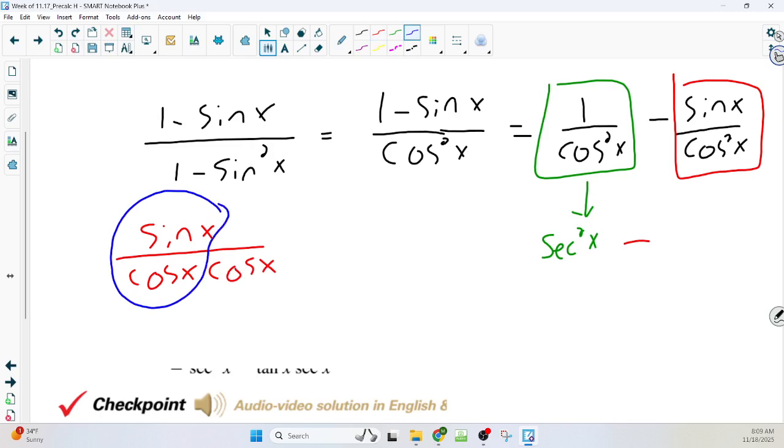What's that? Sine of x over cosine of x. Tangent of x. So we're going to write tangent of x for that part. And then we're going to focus right here. There's still a 1 here, right? What's 1 over cosine of x? Secant of x. And that's it. We did what they asked us to do. There is no fraction.